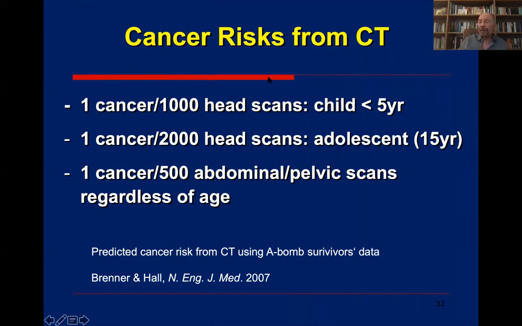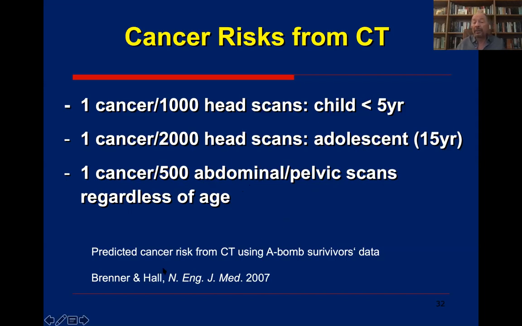So if you apply Hiroshima and Nagasaki, you calculate the dose, and you use the ERR from Hiroshima and Nagasaki, you can estimate something like one cancer every 1,000 head scans in children less than 5 years, because these are much more radiosensitive. 1 in 2,000 for adolescents, let's say teenagers, and 1 in 500 if you take abdominal or pelvic scans, regardless of age. That's a lot. That's really a lot.